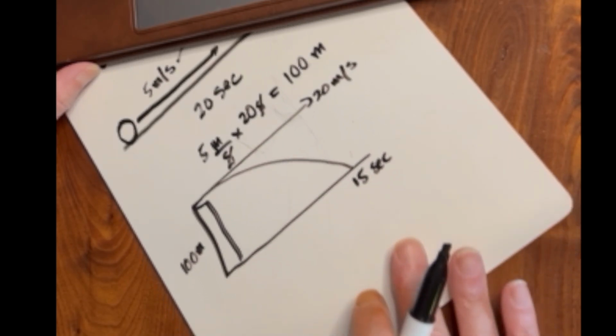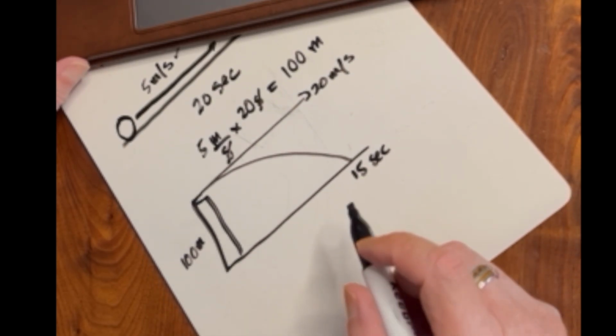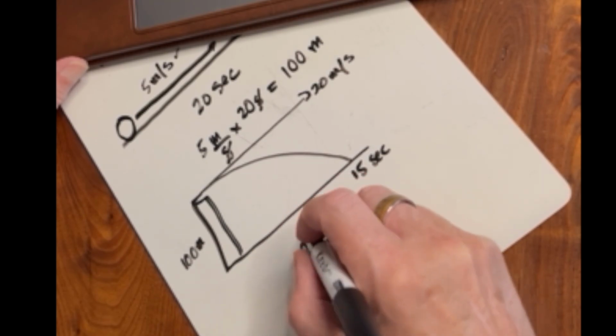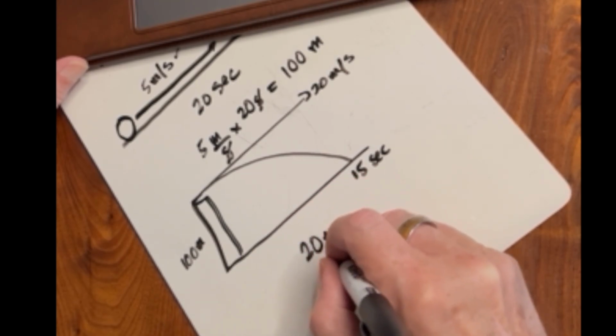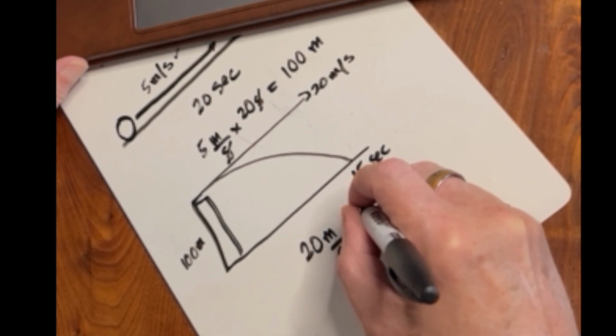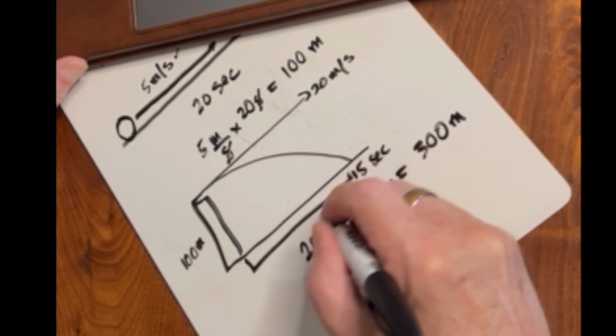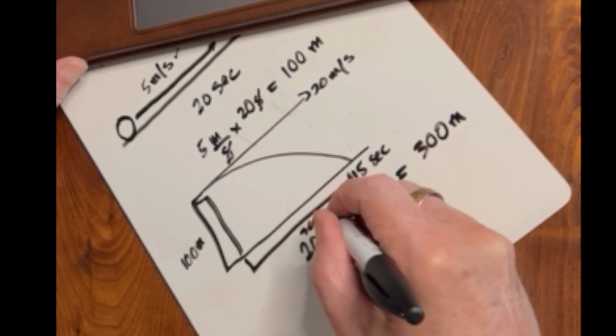The point that I'm making with this is that the answer is still 20 meters per second times 15 seconds. So the distance from here to here is just 300 meters.